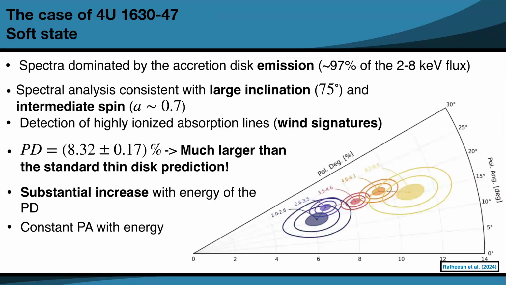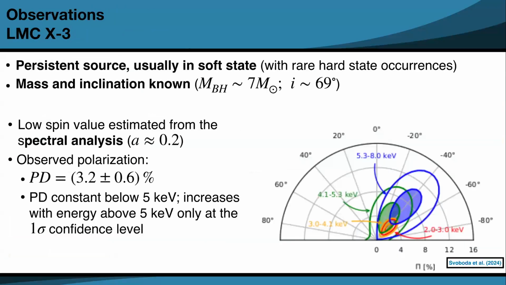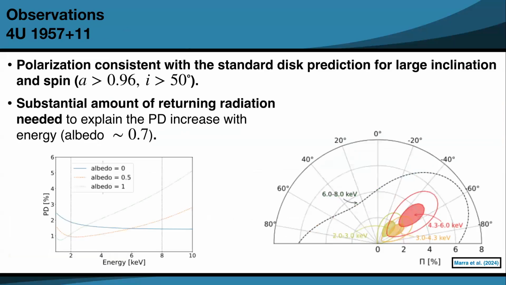It is only an indication, because it's below 1 sigma confidence level, in this source where the first energy bin seems to be misaligned with the other ones. But that's just an indication; the actual swing was never observed.